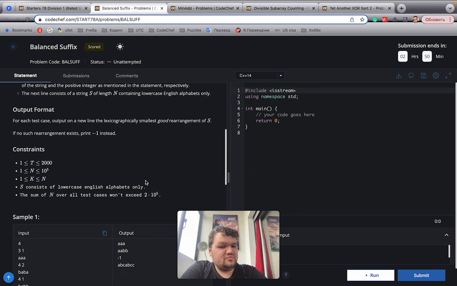How would I solve this problem if we had more than 26 letters, like n letters? Well, we should probably do kind of the same, but for example, we can maintain a set of all characters sorted by frequency. Then we can take the maximum frequency right now and make an upper bound of maximum minus k.